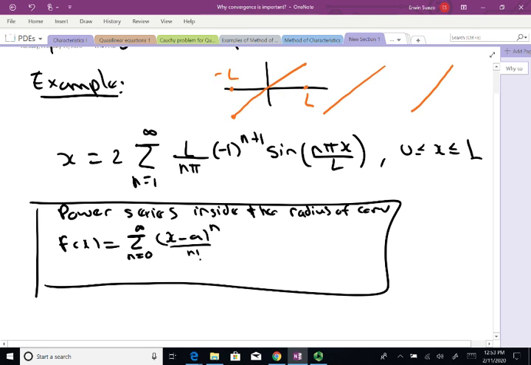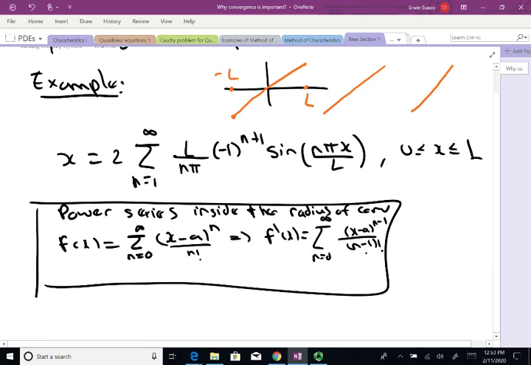Okay, so turns out that inside the radius of convergence you can find f prime of x, and f prime of x is gonna be the sum n equals 0 to infinity of the derivative of this guy, so there will be n times x minus a to the n minus 1 over n factorial. So basically this n cancels with this n and you'll get n minus 1 factorial.